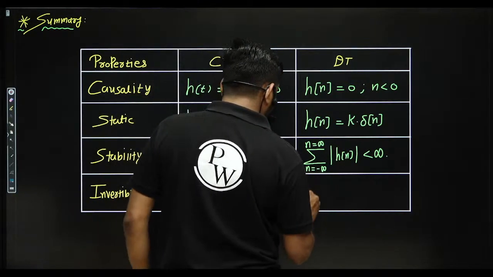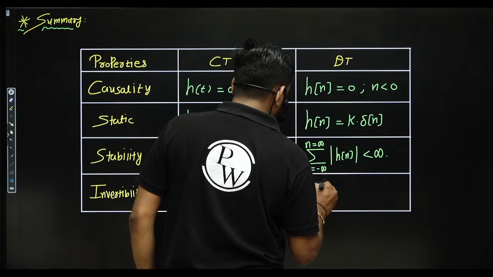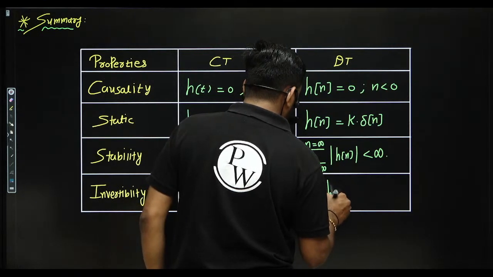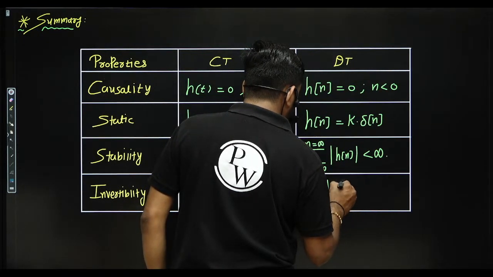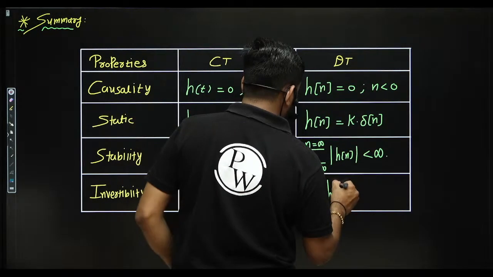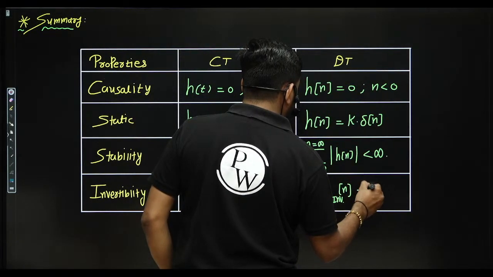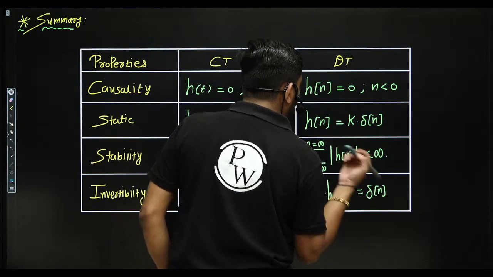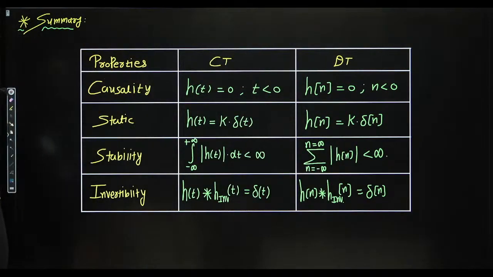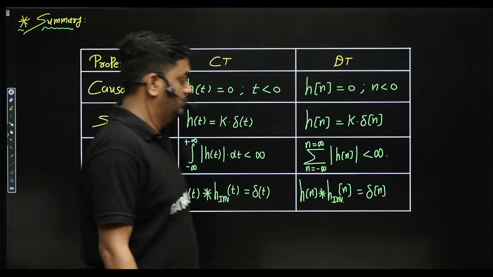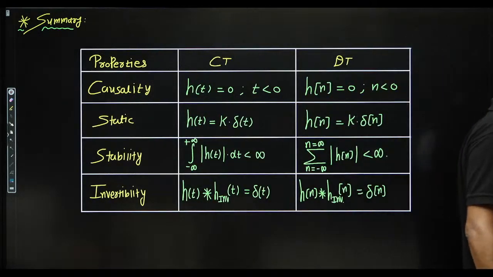And here same thing, h of n convolution with its inverse system impulse response is del n. Fine. Okay, so they can ask in multiple select questions also.